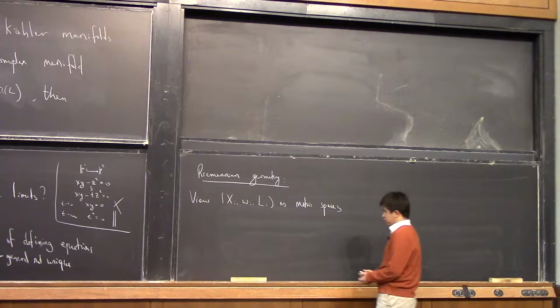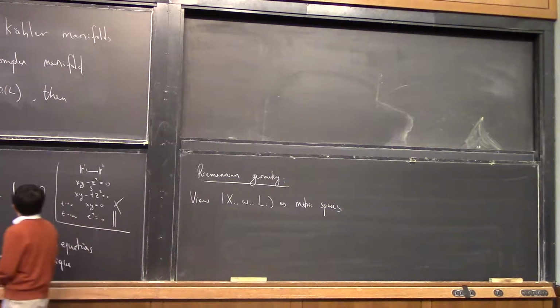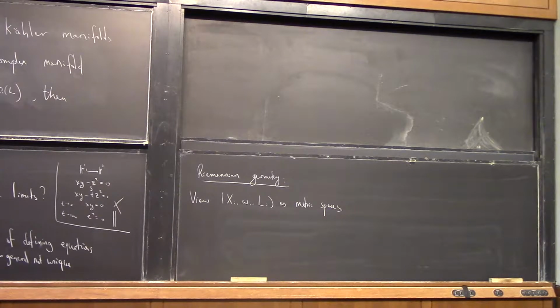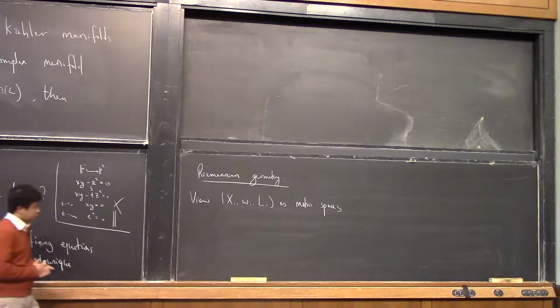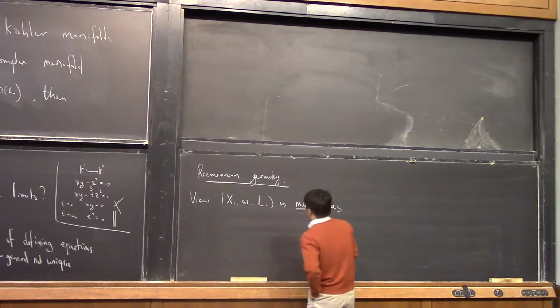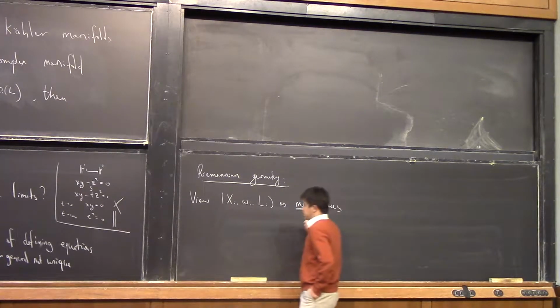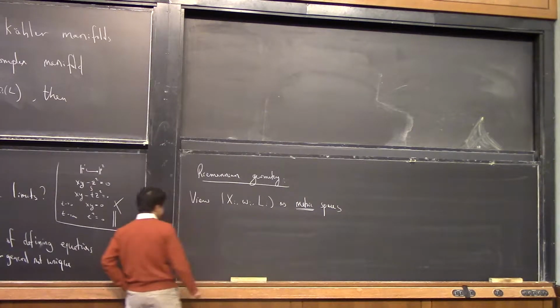So just like a Hilbert scheme, we have to enlarge the objects to include singular varieties. Here we want to take limits of these objects in the category of metric spaces.